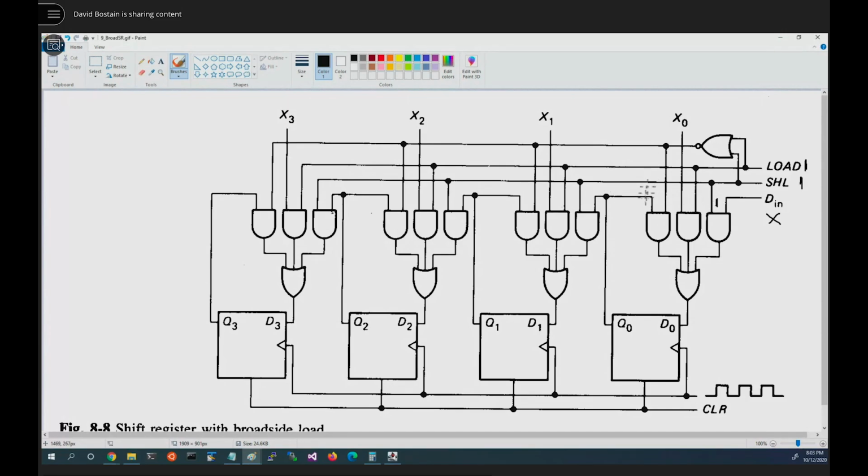Let's only look at the first guy. Let's just draw a dotted line for a minute down through here. He's a 1. Load being a 1 means that the load signal, his gate, is also energized.